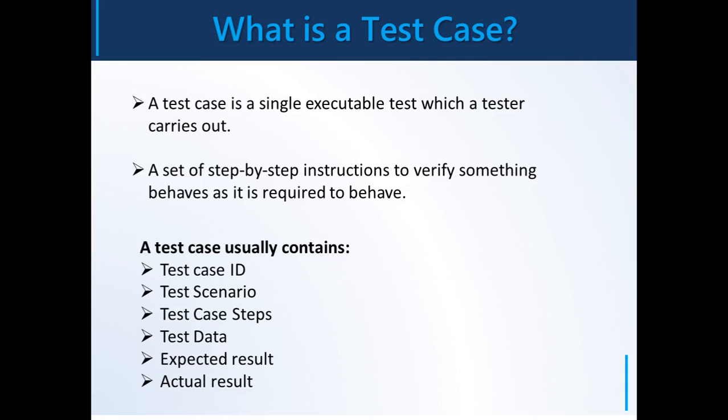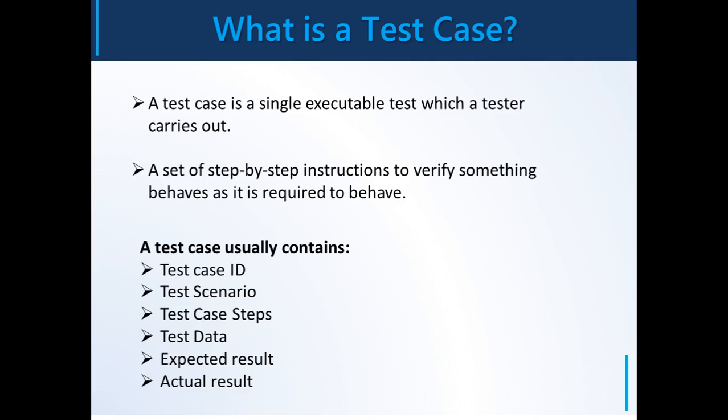Test scenario is the functionality we are testing, and the test case steps describe how the tester has to test this particular functionality. Test data is the precondition data or the input data needed to run that particular functional process. The expected result is what is to be obtained, and the actual result is what result is being obtained.